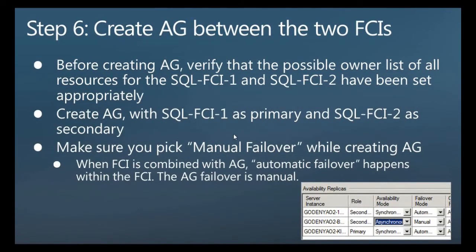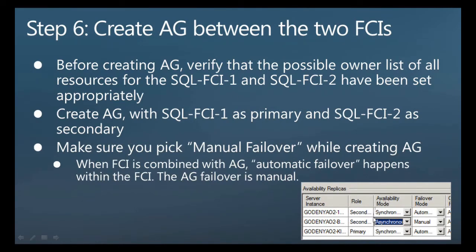Now that everything is done, you can create an availability group between these 2 FCIs. When you create it, you can use asynchronous or synchronous data movement for these 2 instances. Also make sure you can only pick manual failover.